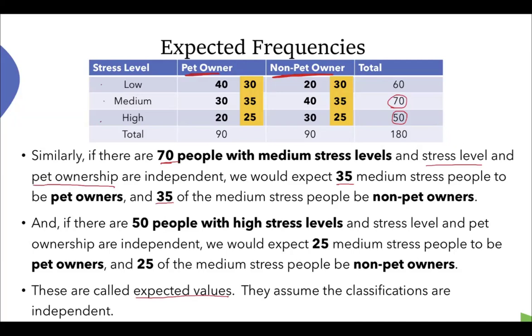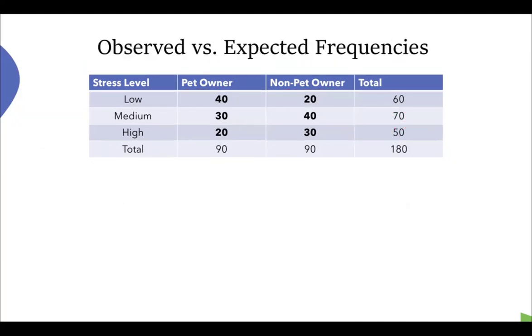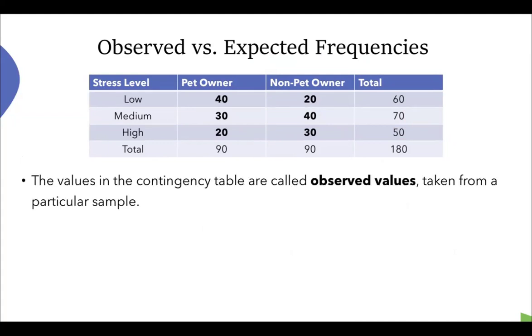So those are expected values. Observed values are what you see in your sample. Expected values are the values you would get if you assumed independence. So what we see in a contingency table are always the observed values taken from the sample, exactly what we see in our sample.